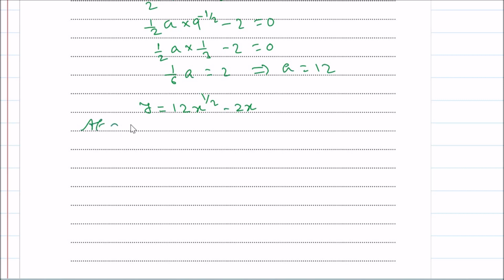At x equal to 9, y becomes 12 into 9 to the power half minus 2 into 9. So 12, 9 to the power half is 3. So 12 threes are 36 minus 18, and that is equal to 18. So y equal to 18. This is the y coordinate.